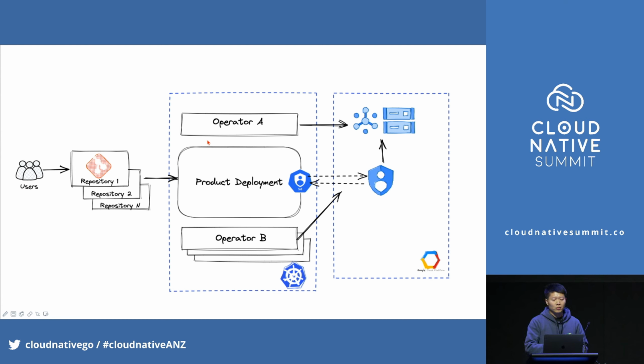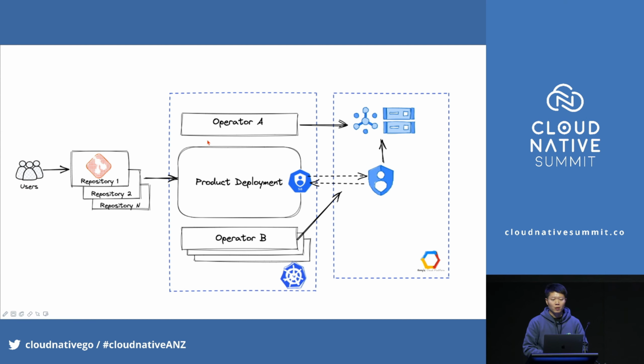Inside the platform layer, they have defined many custom resources. And as part of the product onboarding workflow, the feature team needs to propose several pull requests in different repositories to create some resources. Based on the resources, there are different operators running inside the GKE cluster, which are responsible for setting up something for the application.